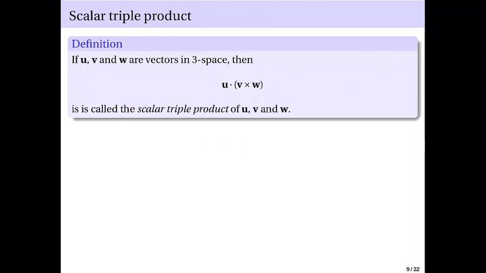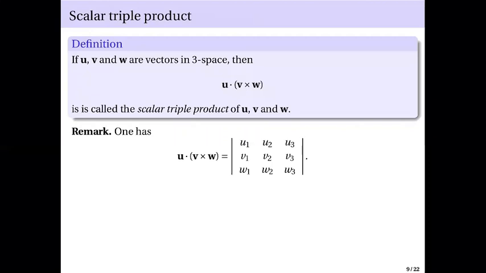Now, unlike the vector triple product, this scalar triple product can be calculated easily using this formula. So u dot v cross w is just the determinant of the matrix with these entries.